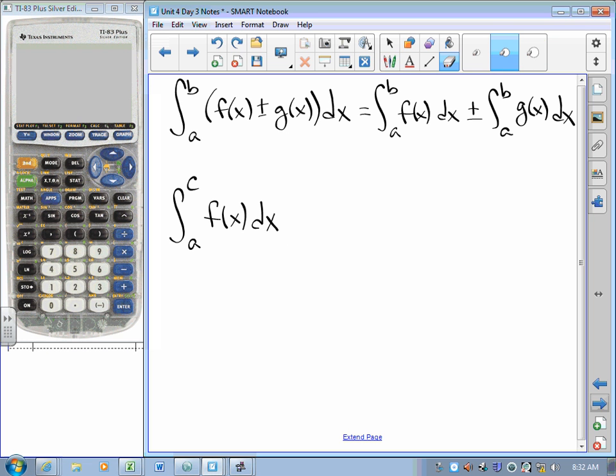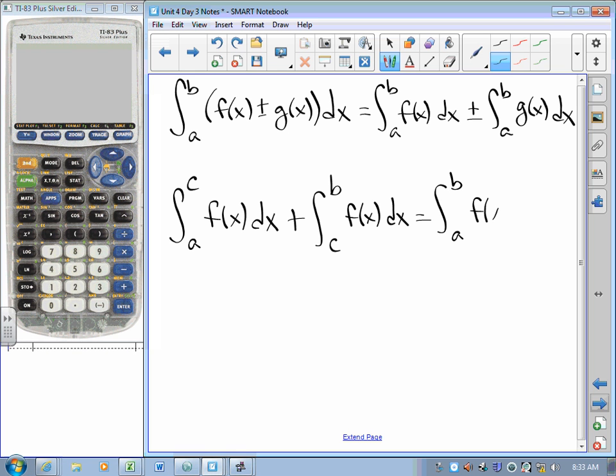If you take the integral from a to c and the area from c to b, you get the integral from a to b. Picture time.